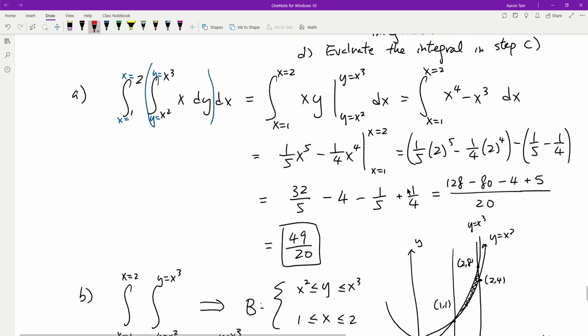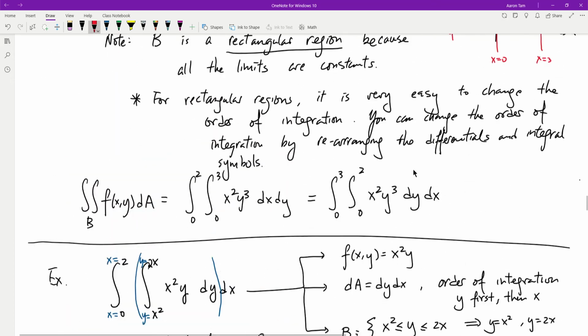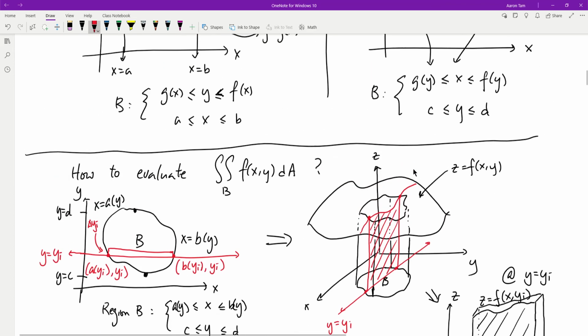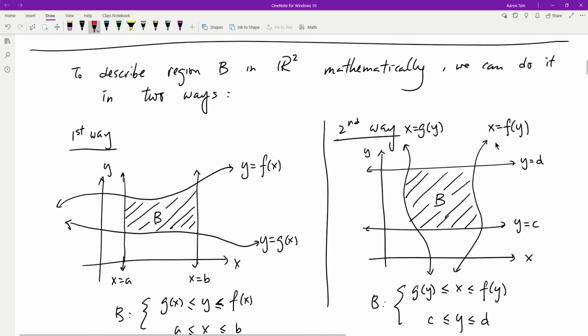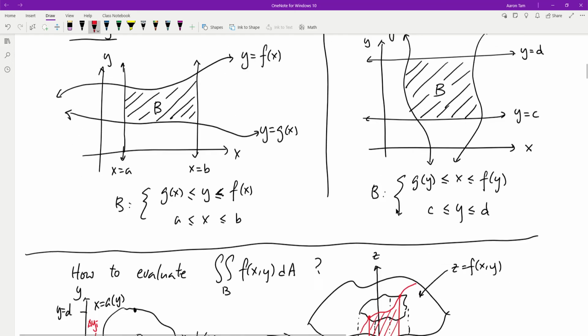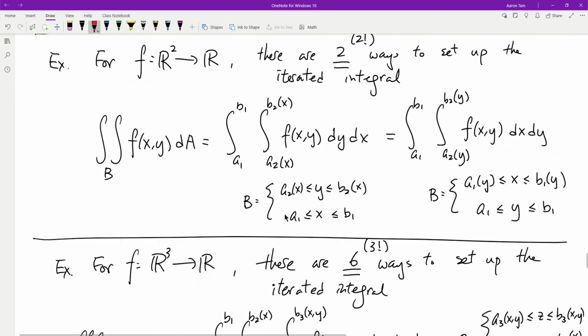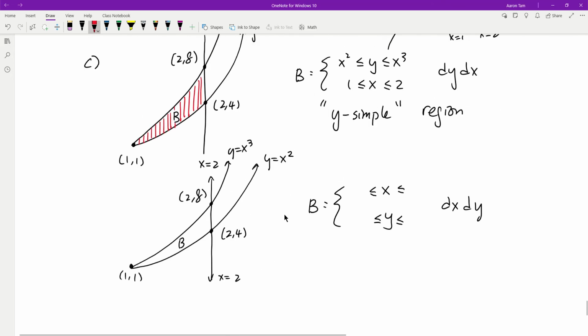So remember, it's basically this way right here, where you have to define two curves, one on the left, one on the right, and then two horizontal lines that box in the region. If I were to try to do that, I notice I have a major problem. If I start drawing horizontal lines to define the two curves that it goes between, notice that this is good, this is good, this is good, until I get to this one point.